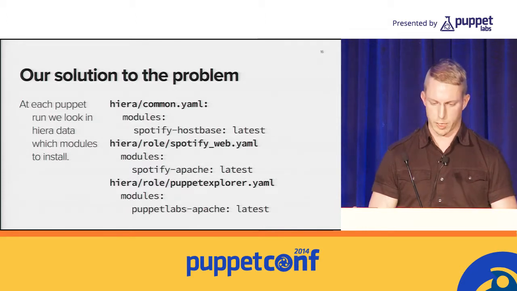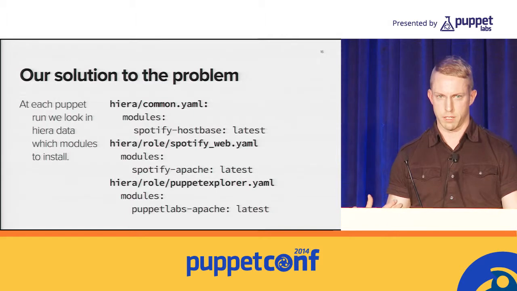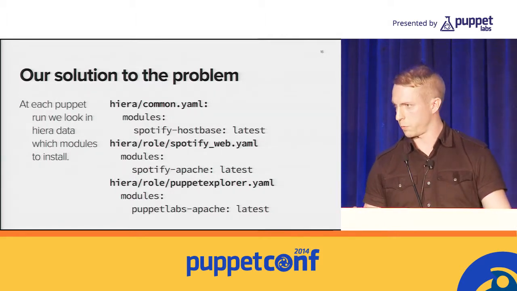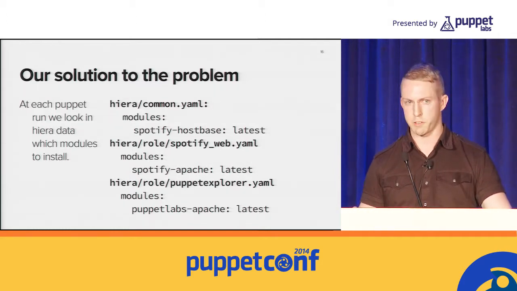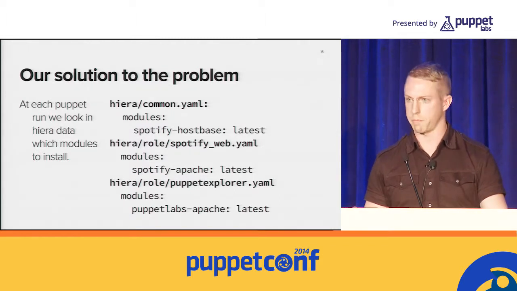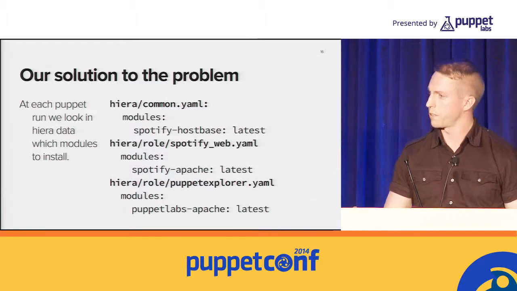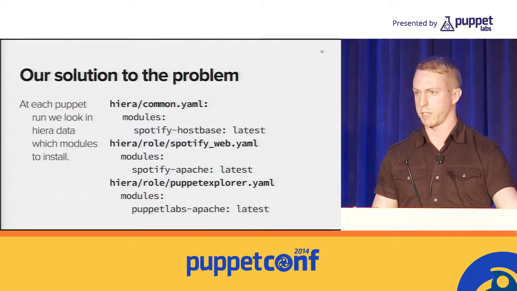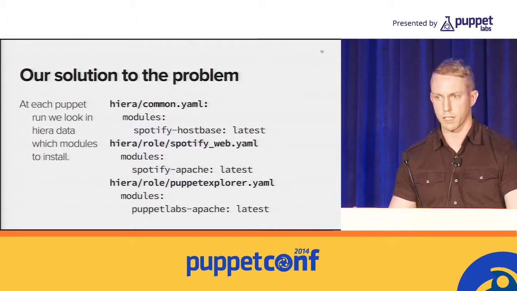So then it merges together the different hierarchy levels. On the Spotify web nodes, it will install our own Apache module, but on the Puppet Explorer node, it will install the Puppet Labs Apache module, even though they're both in the production environment, and they share the rest of the code in the production environment. They share the same Hiera data and that sort of stuff.